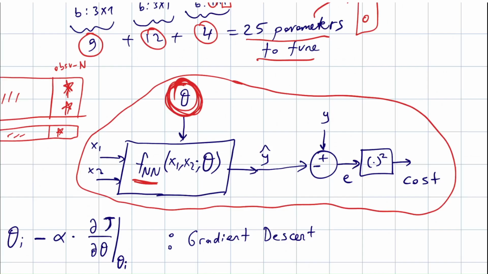You will tune those 25 parameters and check the cost. You will tune them like a knob, in the direction where your cost is decreasing.